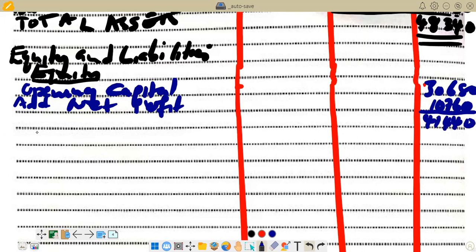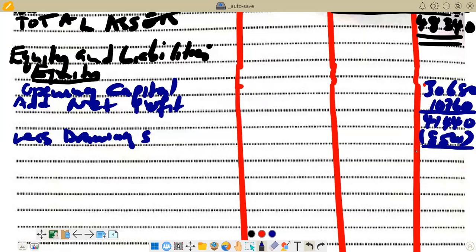And then you less drawings, and the drawings figure we got when we checked was 8,500. So you're going to less 8,500 here. So now put 41,440 minus 8,500.